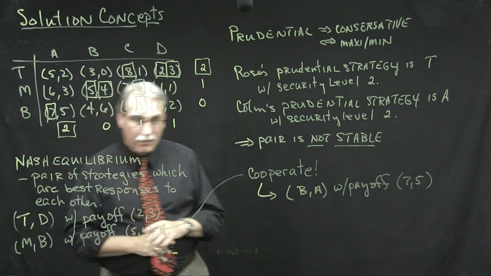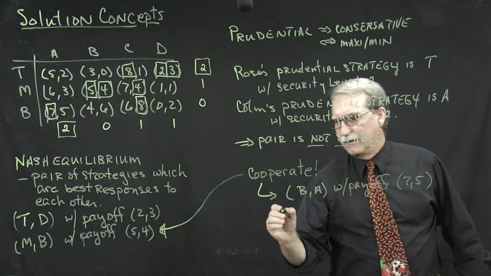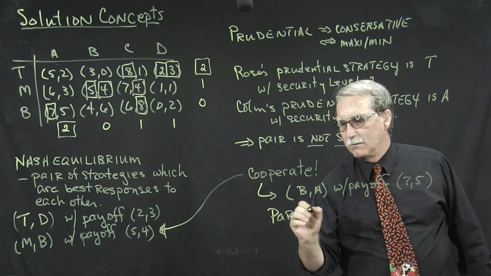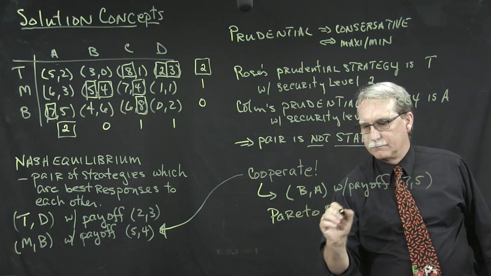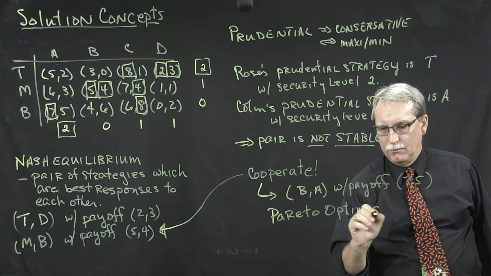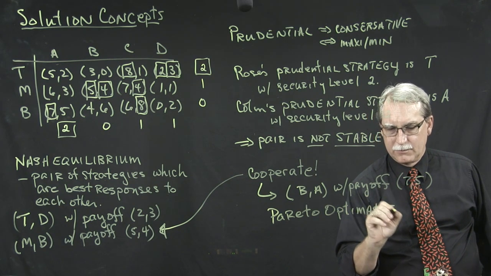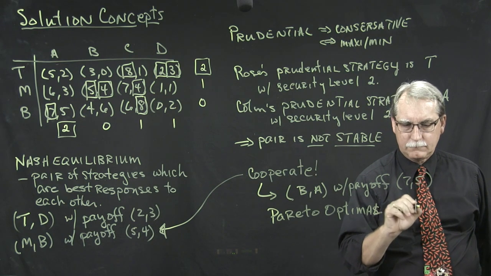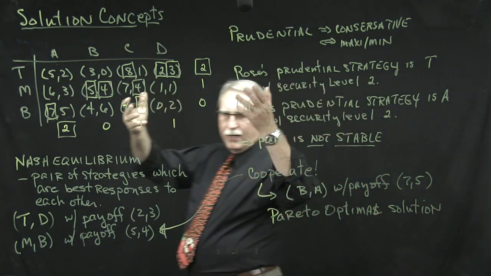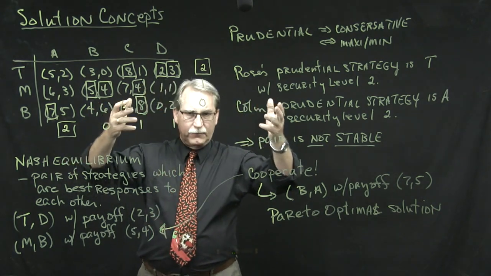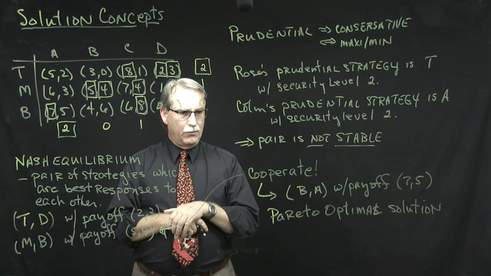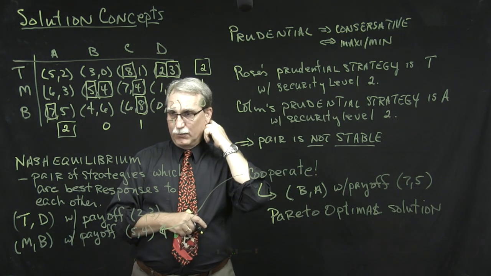That solution idea has a name, and that is Pareto optimal solution. It's the solution where you've optimized and made both players' payoffs as big as they can be together via some sort of cooperation or collaboration potentially.